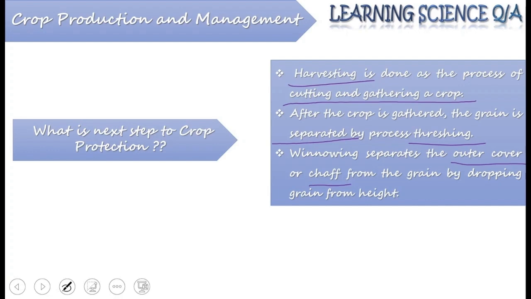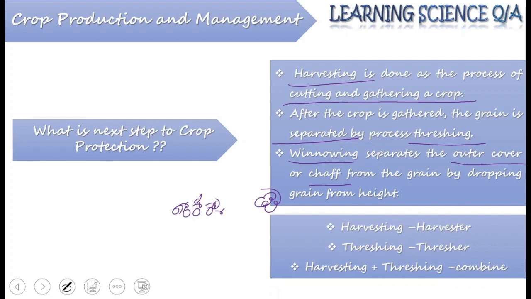And when you are dropping it from a height, the lighter grain covering gets collected at one place, and the heavier pieces of grain are accumulated at another place. In this way, the outer covering is separated from the grain, and the process is known as winnowing.